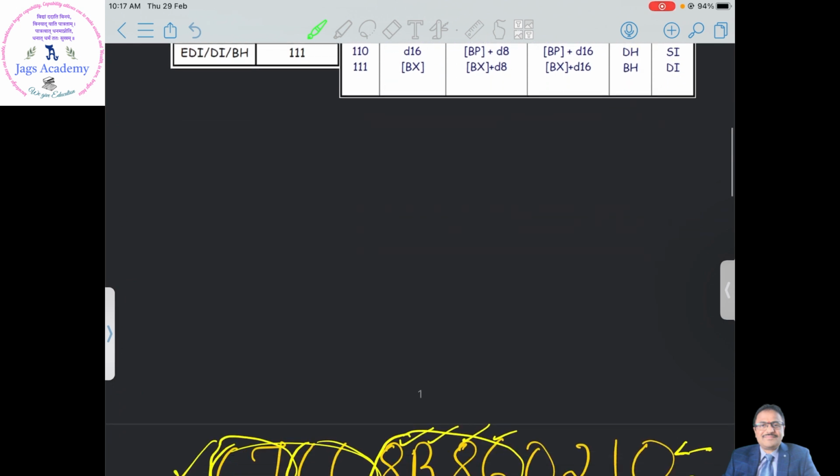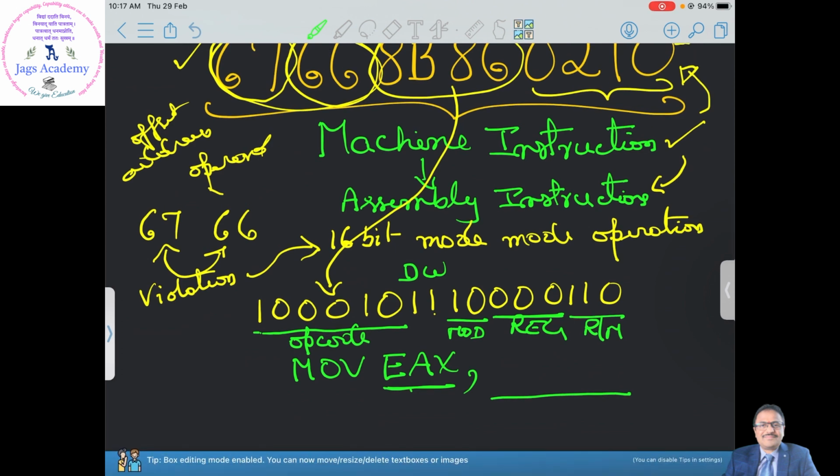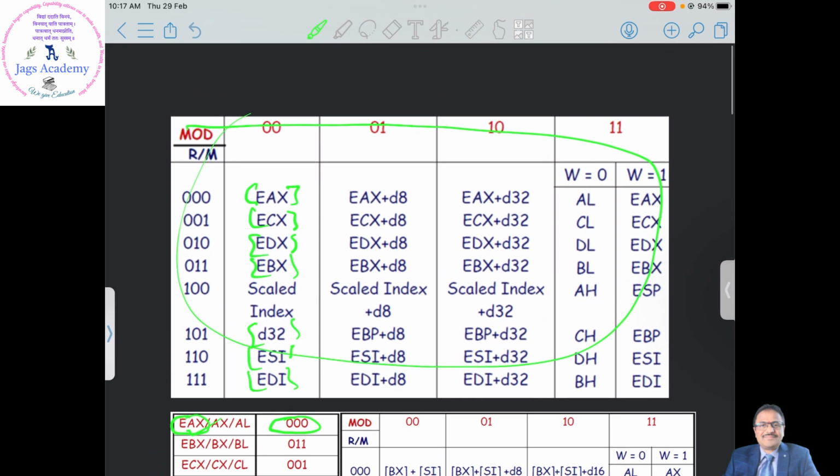Now, what is your mode bits? Mode is 10, and your R/M is 110. So mode 10 and R/M 110 correspond to ESI plus D32.